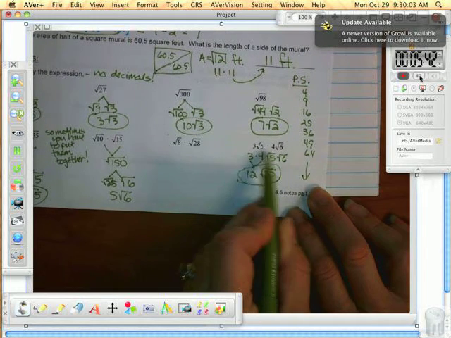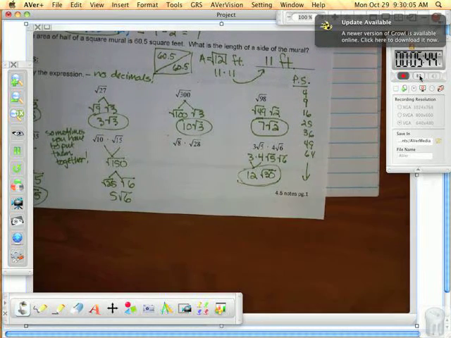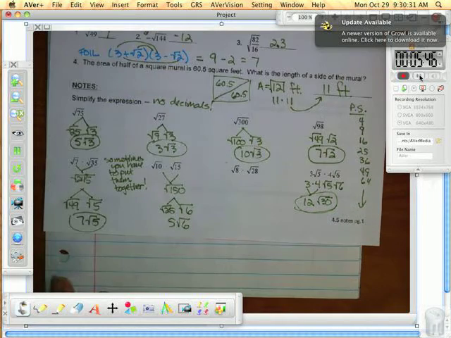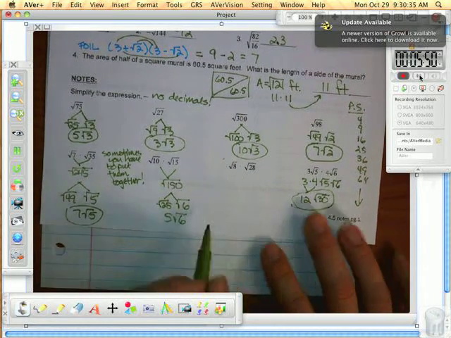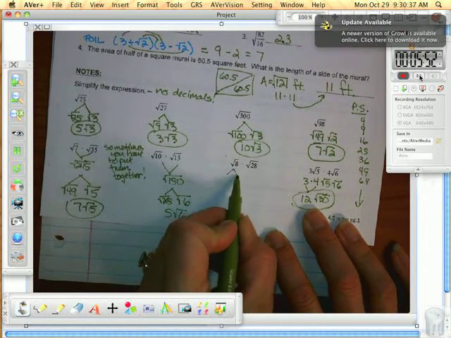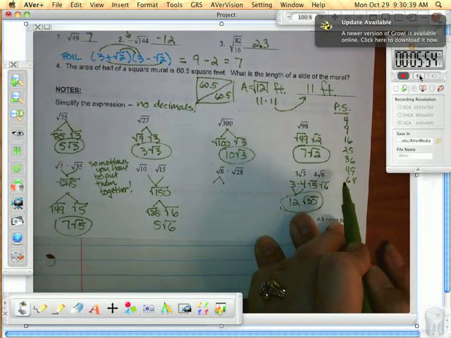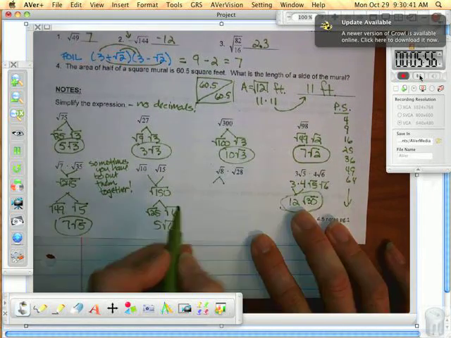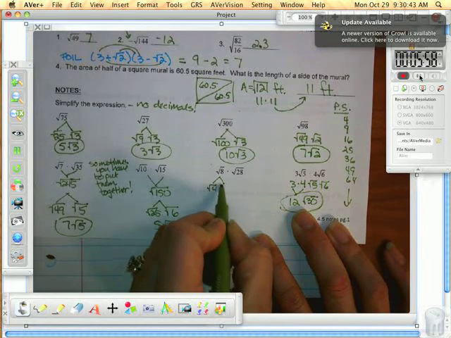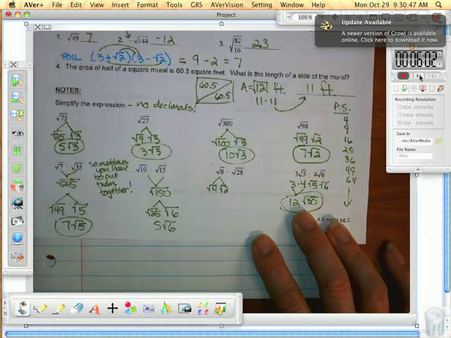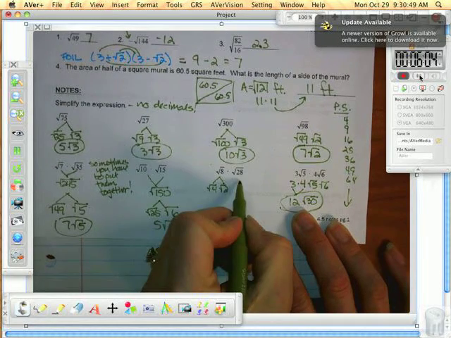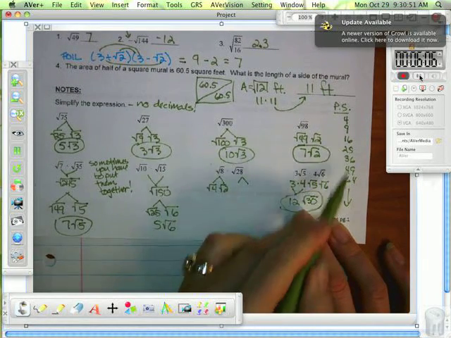This one I looked at and I'm like, well, 8 times 28, I don't think that'll help me at all. But 8 has a factor on this list, doesn't it? 4. You can put it together too. You can do it either way. Absolutely. All right, and 28 has a factor on this list. What is it? 4. Okay.